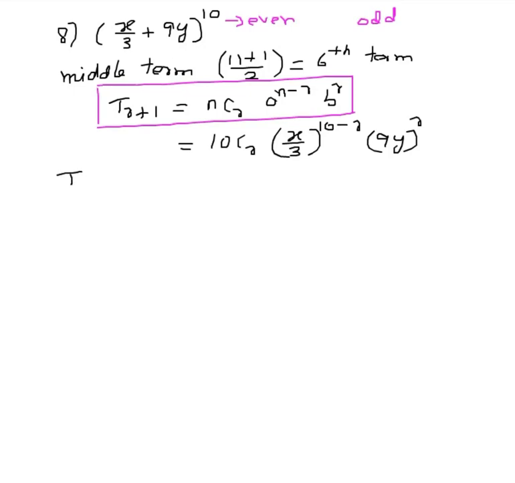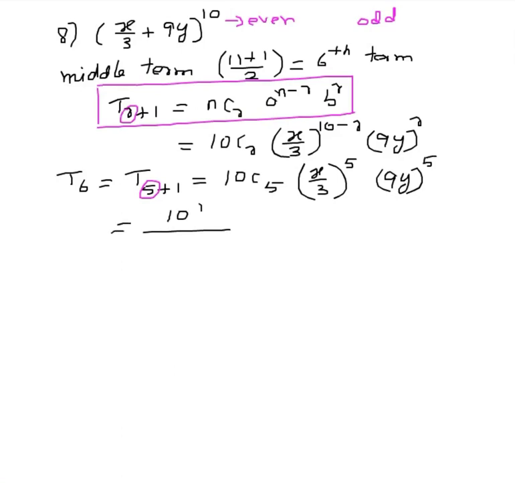We need the 6th term, which can be written as t 5 plus 1. R should be taken as 5. Therefore, we get 10c5 x over 3 raised to 10 minus 5, which is 5, 9y raised to 5.